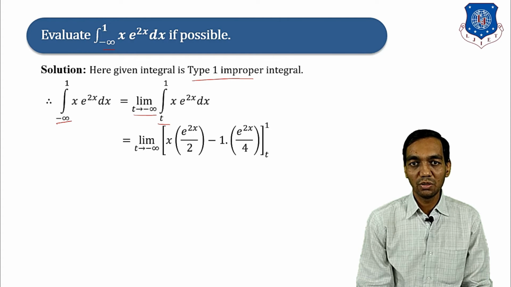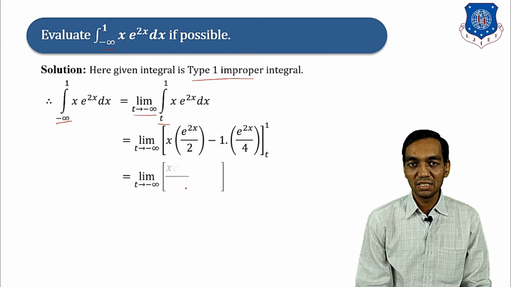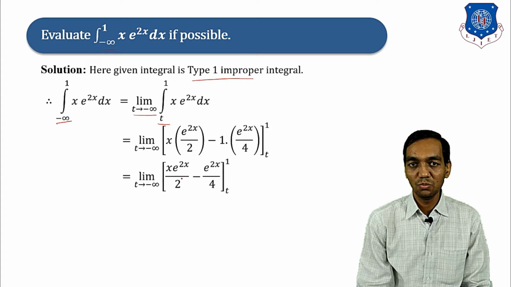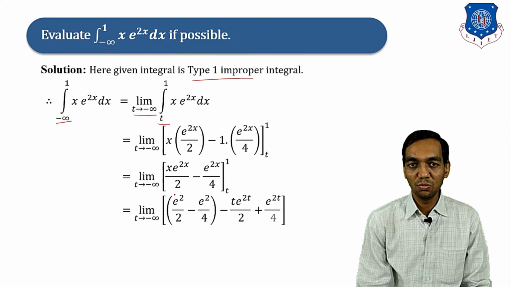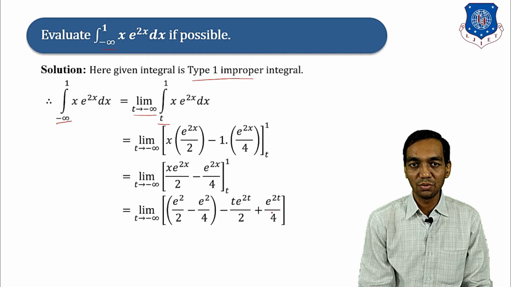Now if you substitute the upper and lower limits in this integral, then you will have limit t tends to minus infinity. First simplify this term, that will give x e raised to 2x by 2 minus e raised to 2x by 4. Now substitute the values. Upper limit is 1. So 1 into e raised to 2 by 2 minus e raised to 2 by 4, minus, if you put t, then it will have t e raised to 2t by 2 minus e raised to 2t by 4.